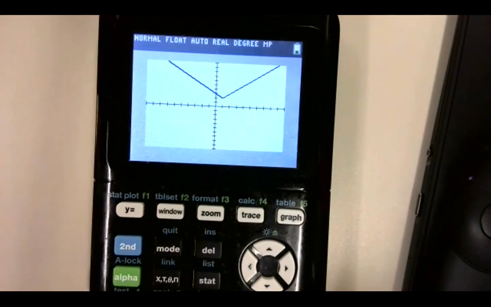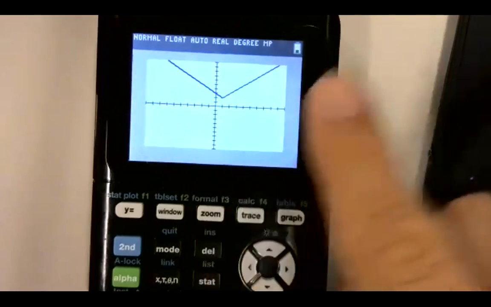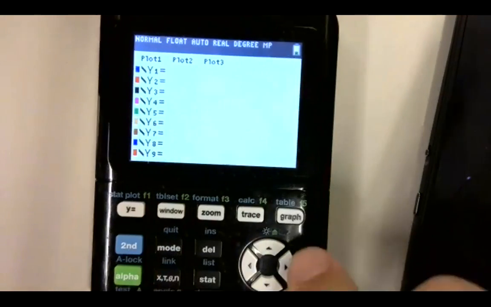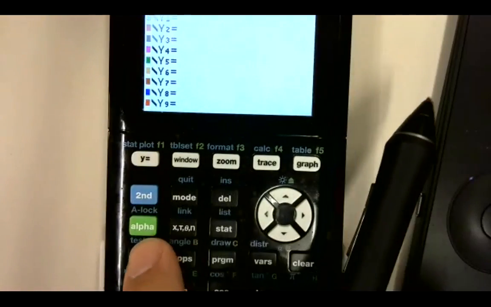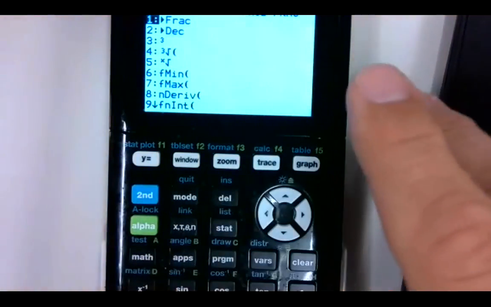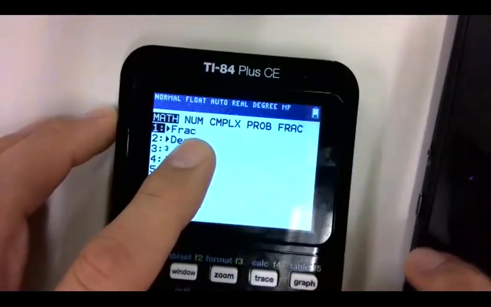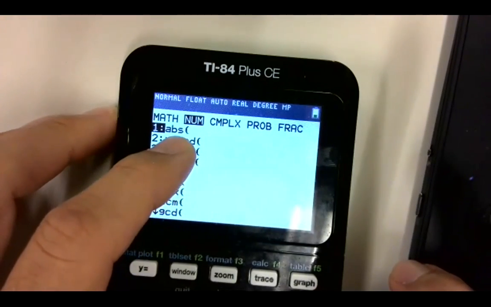Wait, so you put in the lines? How do I put in the absolute values? So go to y equals. Then I want you to hit the math button. And then you go over to where it says NUM, so just press over. And then that ABS means absolute value.